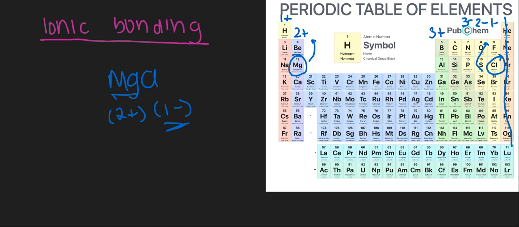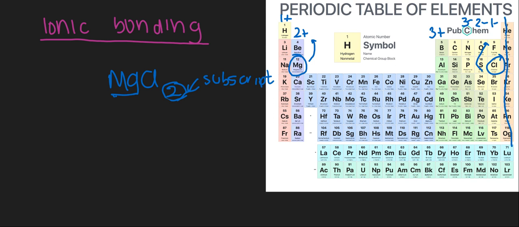How many 1 minuses do you need to balance the 2 plus? Well, you need 2. So you do what is called a subscript, and this basically says that you need 2 of these chlorines in order to make the ionic bond. So here, the formula is MgCl2.